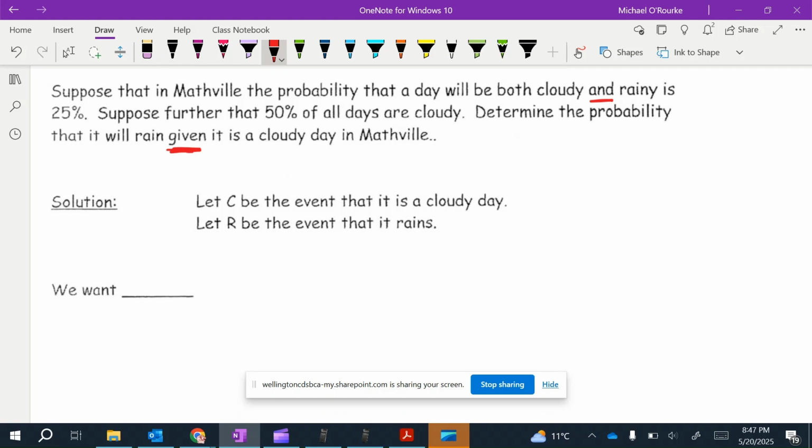So if we write it out, we're looking for the given part here. Our probability is going to be, what's the probability that it rains given it is cloudy?